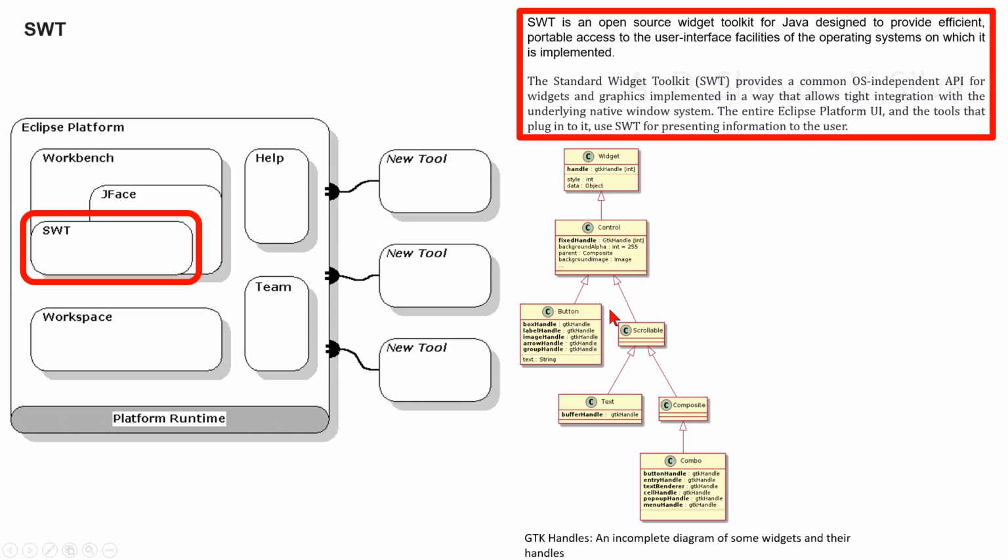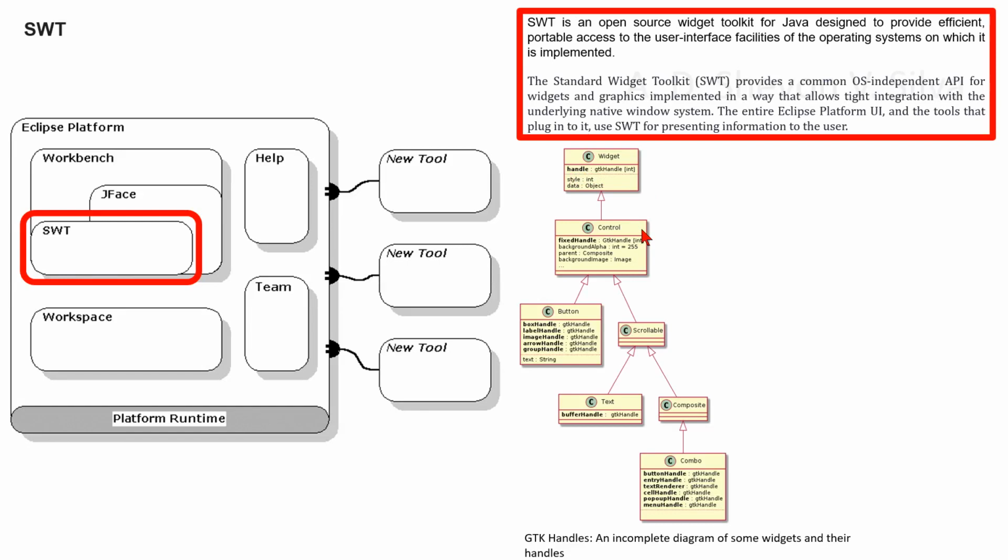For example, here is an incomplete diagram of some widgets and their handles. You may observe that widget has handle defined. Combo has the button handle defined. Here you can see widget and you can see handle here.